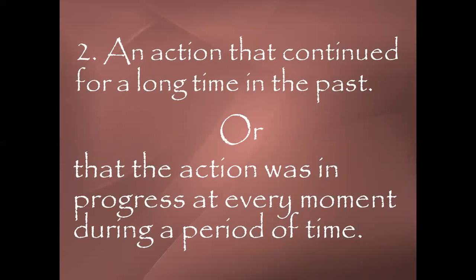In other words, the past continuous tense focuses on the duration of time, meaning that the action that was going on in the past took a long time. So the focus here is on the duration of time.